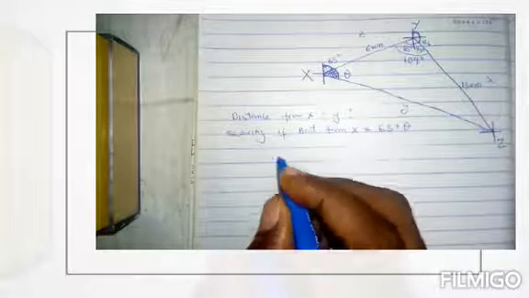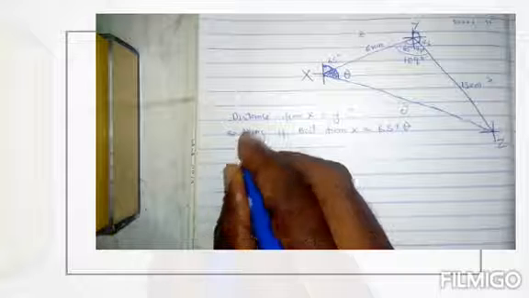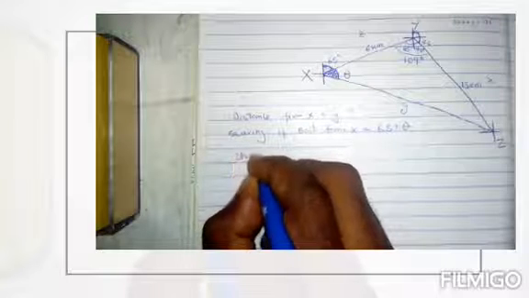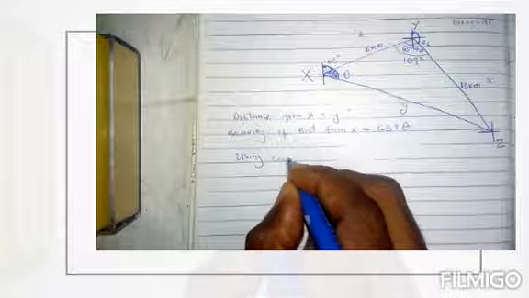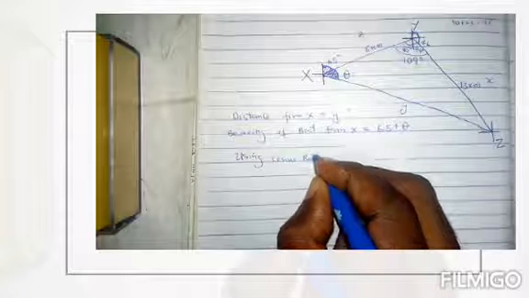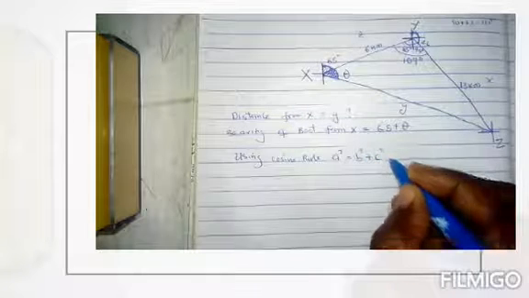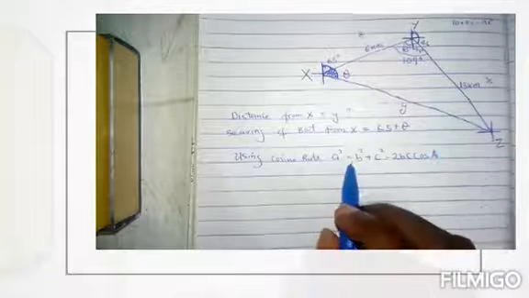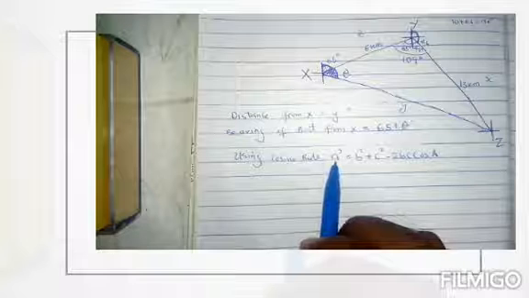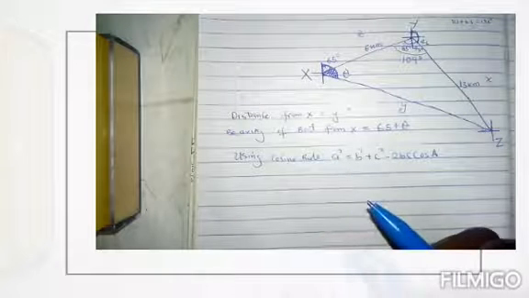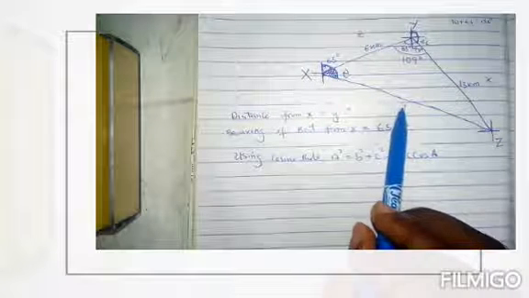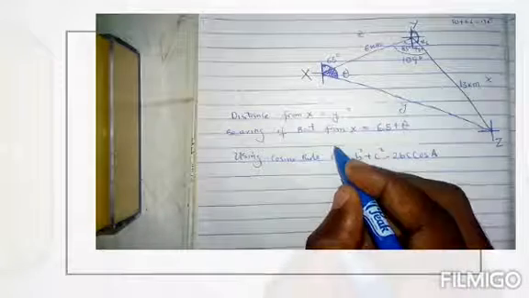So with the formula that I gave to get the distance using cosine rule, which says a square is equal to b square plus c square minus 2bc cos A. Don't forget, if you are used to the formula with the variables ABC, all you need to do is to change it to suit your question. Here I'm calculating distance y, so my a will become y.